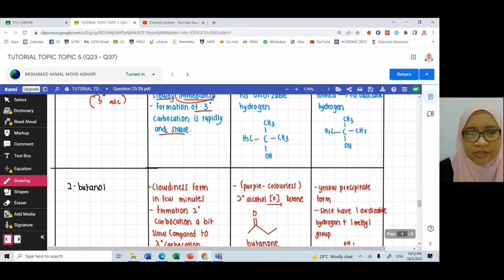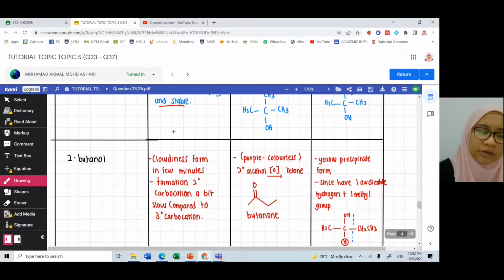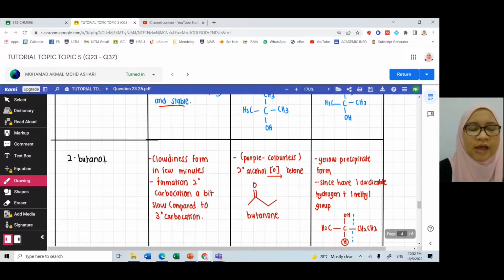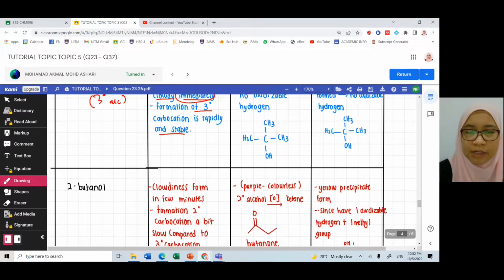Okay, how about 2-butanol? Let's go down the table, kita go through the table ke bawah lah, so that we can compare. So tertiary, secondary and primary. Apa dia punya observation? What's the differentiation between these three types of alcohol?